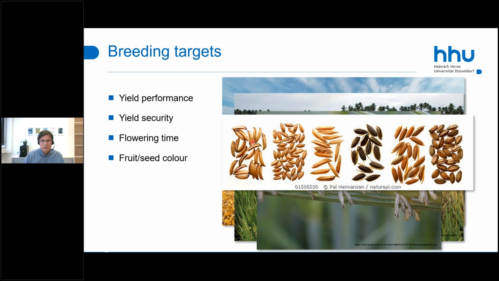Since we are mainly working with cereals, it's the seed color, with some examples given here. During domestication, farmers and breeders also selected for this trait. And one of the targets is also fruit and seed composition, like the gluten content of wheat and so on. Others apply as well.